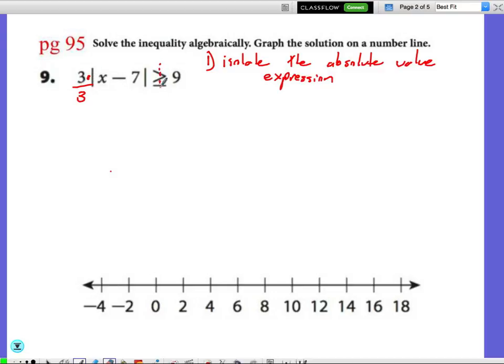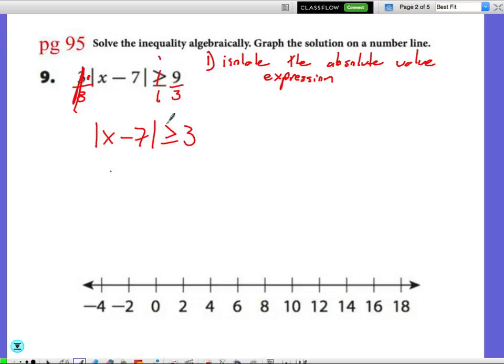Whatever you do to one side, remember, instead of having an equal sign, we have an inequality, but the inequality still cuts the inequality into two sides. So we treat this as the equal sign. Whatever we do to one side, we have to do to the other, so we divide by 3. And so that becomes 1, and we have x minus 7. The absolute value of x minus 7 is greater than or equal to 9 over 3, which is 3.